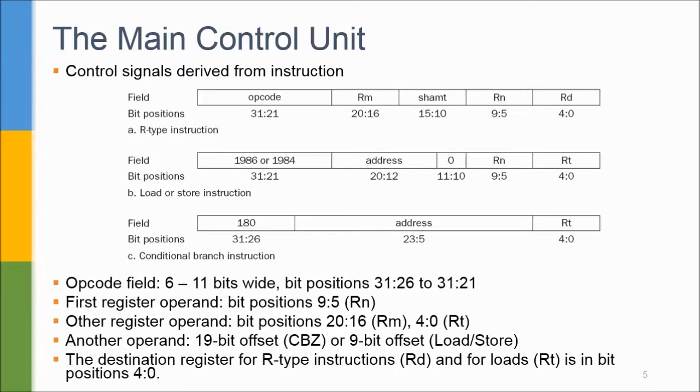The last one is the destination register: Rd for R-type instructions, and for load RT, in bit position 0 to 4. So the first design principle, simplicity favors regularity, which we learned in chapter 2, pays off here in specific control.